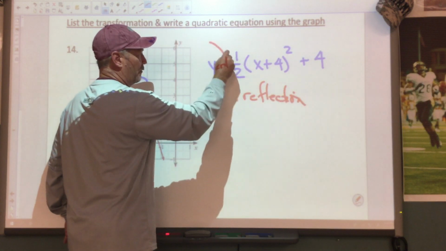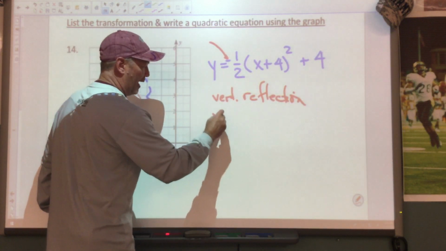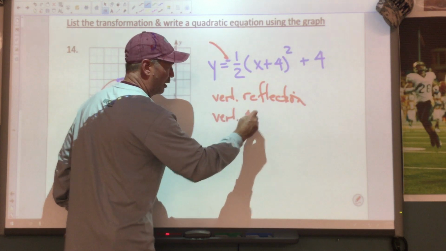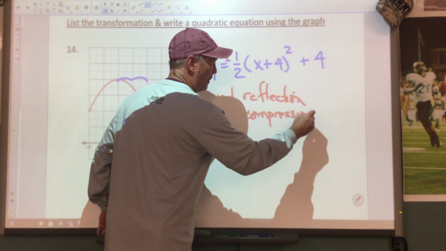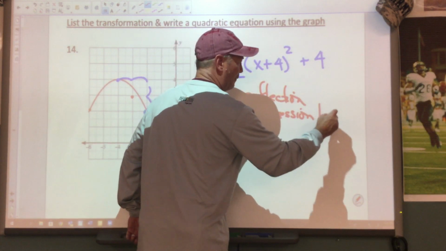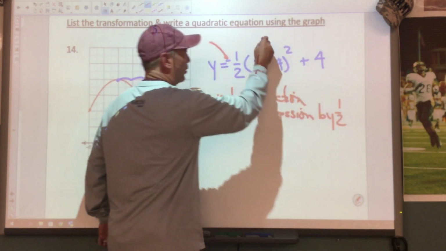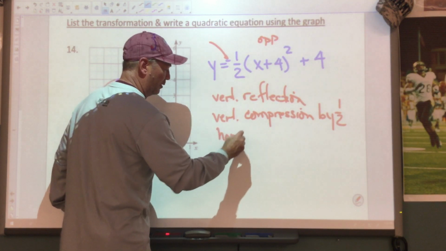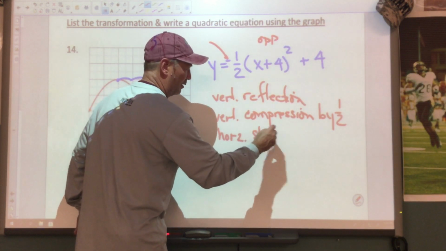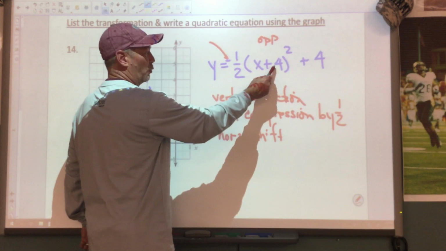The negative gets us a vertical reflection. We're going to have a vertical compression by 1/2. We're thinking opposite here, so we're going to have a horizontal shift. In this case, we're going to go which way?